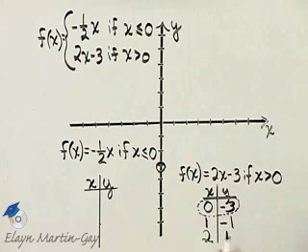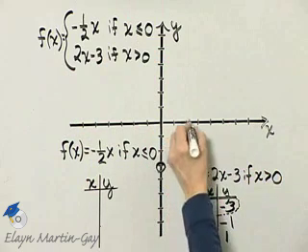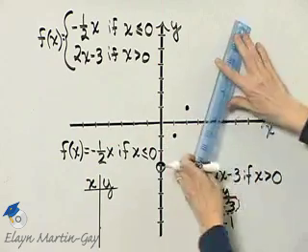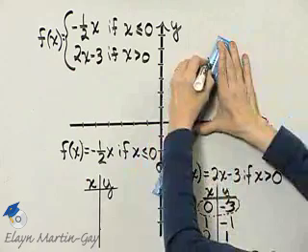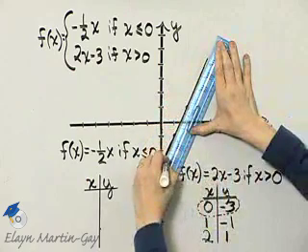That's reminding me of an open circle only. 1, -1, and 2, 1. Just to show you this one piece only, there is one piece of my piecewise defined function.